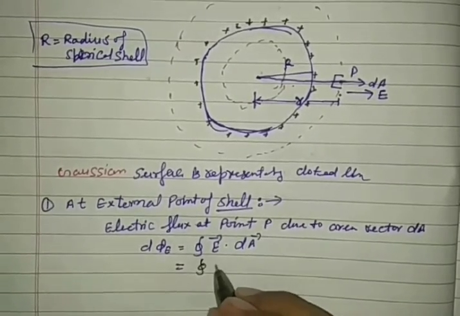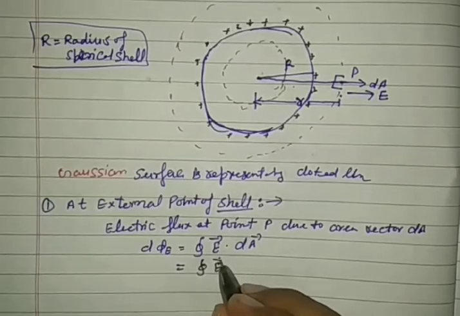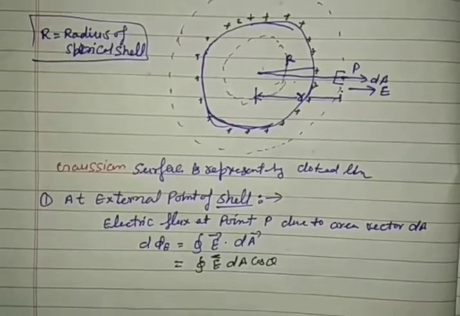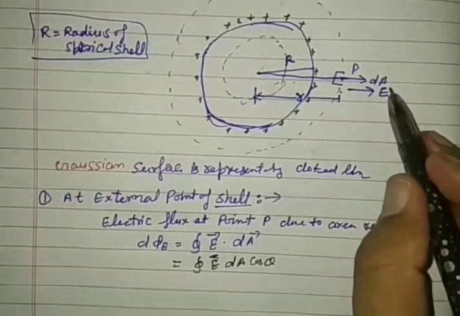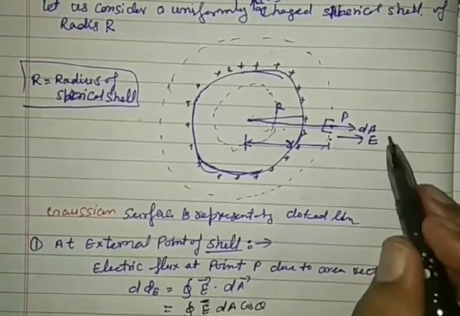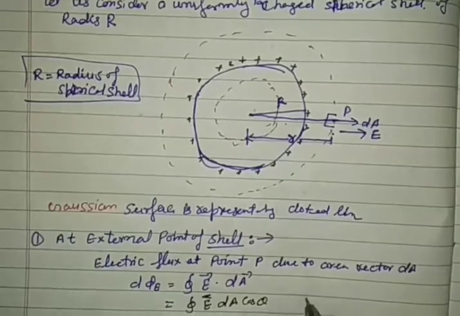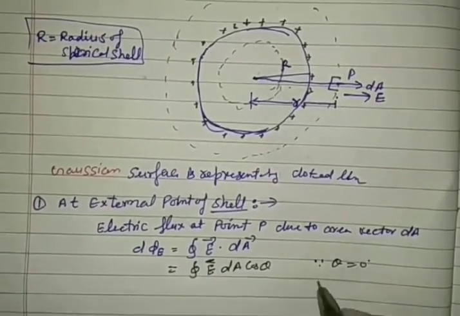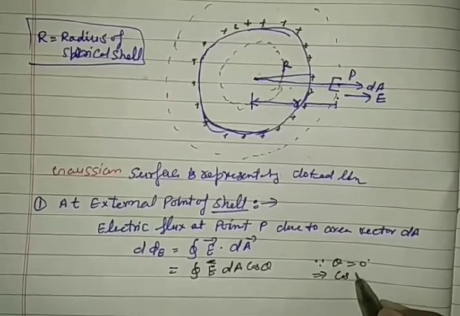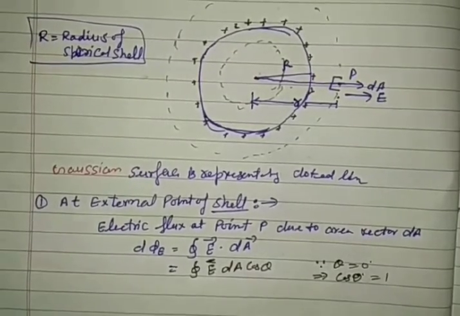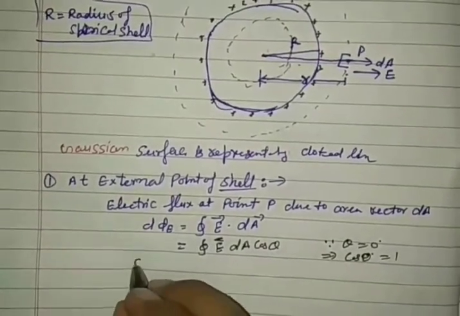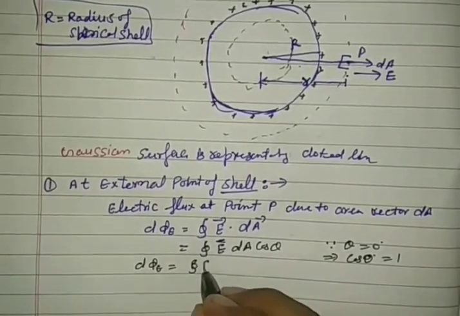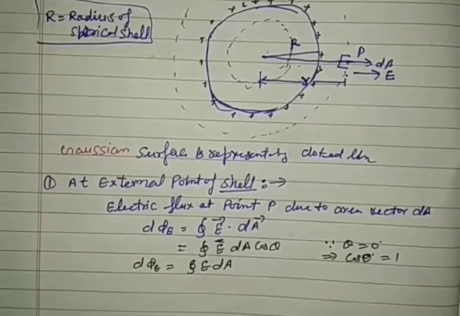E dot dA is the closed integral of E dA cos theta. See here, E and dA are in the same direction, so theta is 0 degrees. This implies that cos 0 is 1. Then the electric flux will be written as the closed integral of E dA.